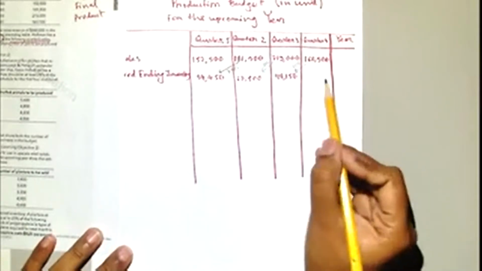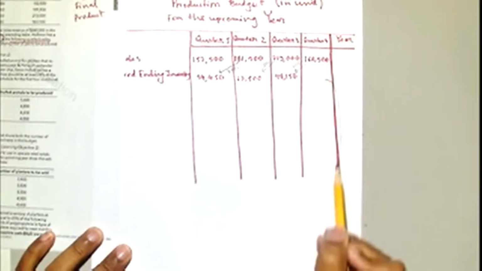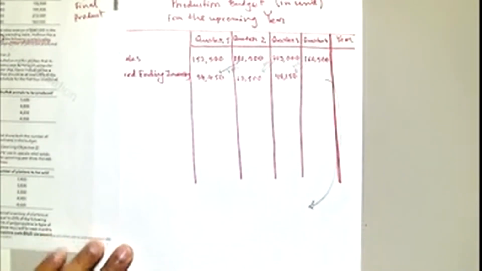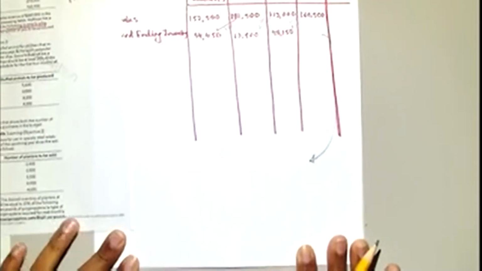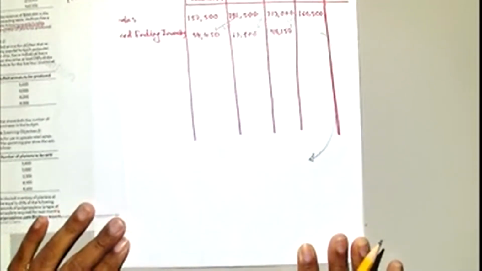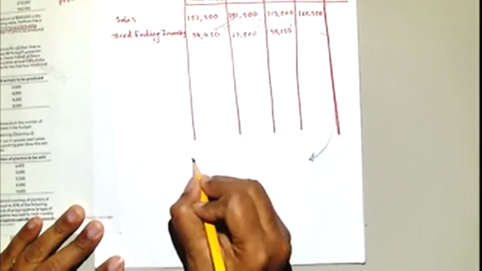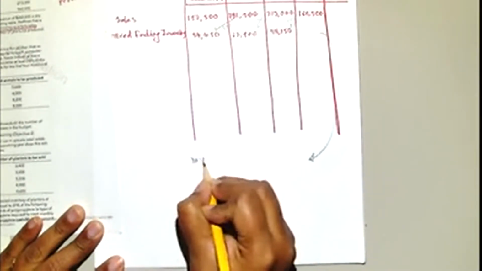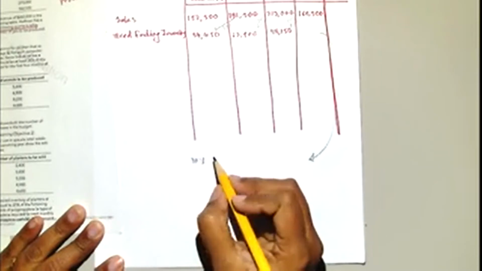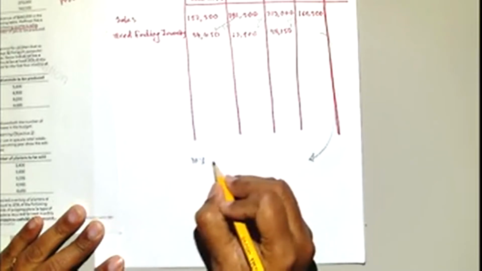Right. So that means it's a little bit of calculation. So I'm just trying to show it here. Take your following year's first quarter's inventory. So last quarter's ending inventory will be, your policy is always save 30% of the following quarter's sales.